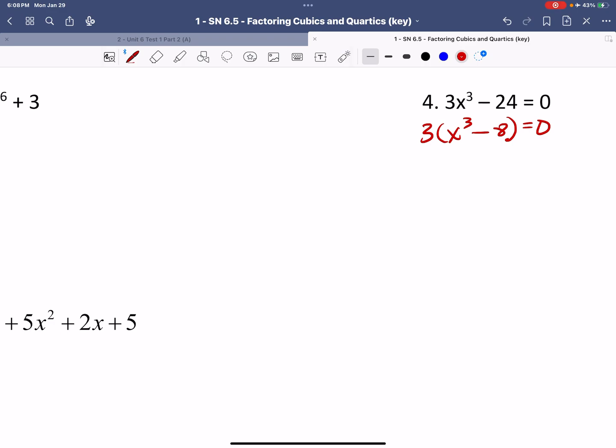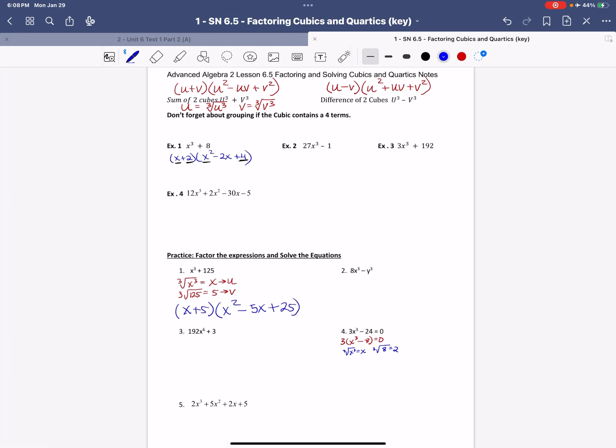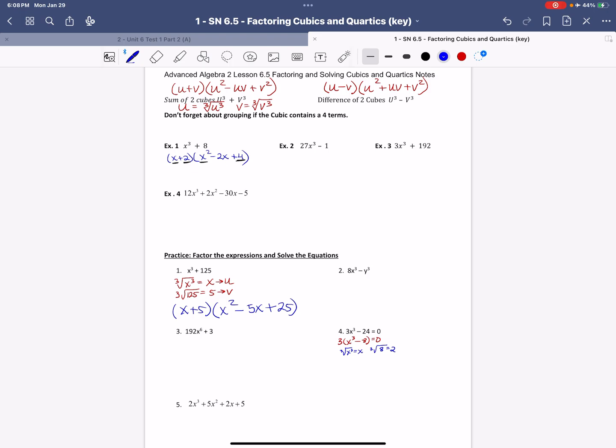All right, here we go. The cube root of x cubed is x. The cube root of 8 is 2. So, again, minimizing. There we go. I know I'm writing small down there, but I wanted you to be able to see the formula.